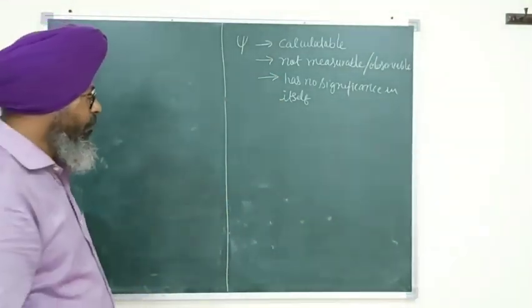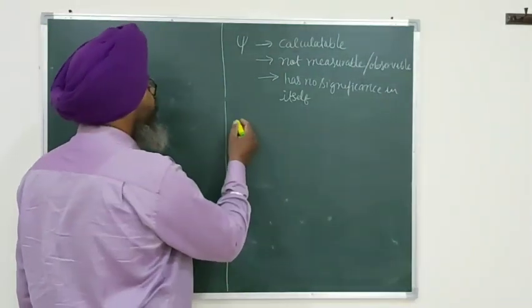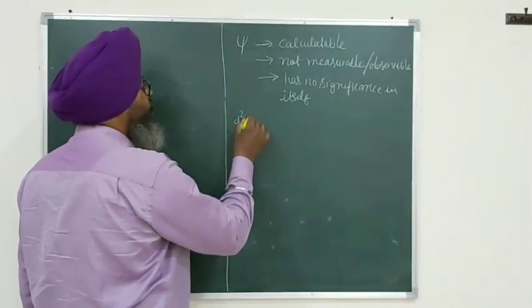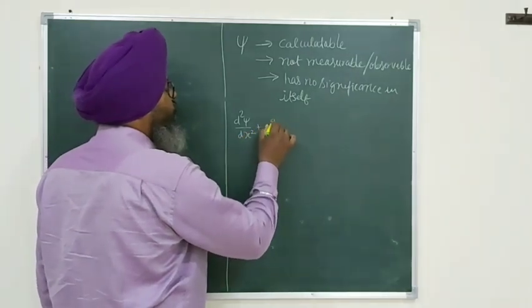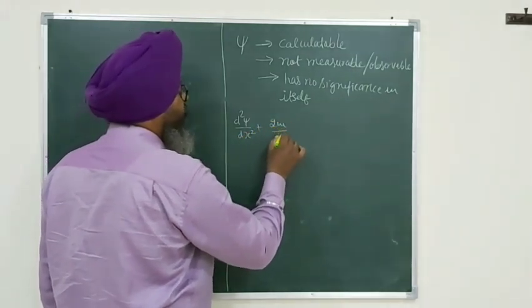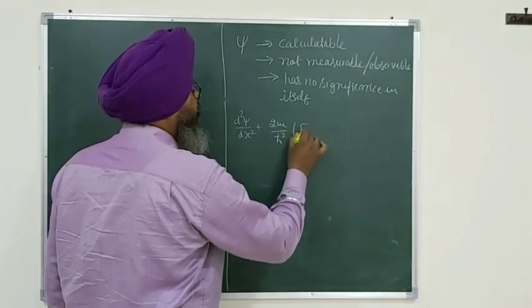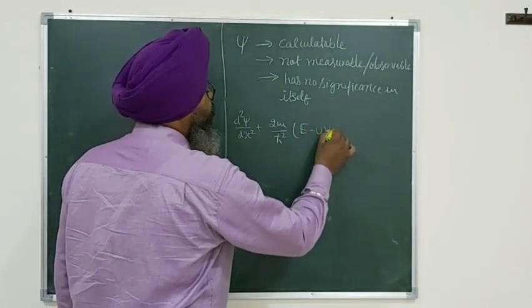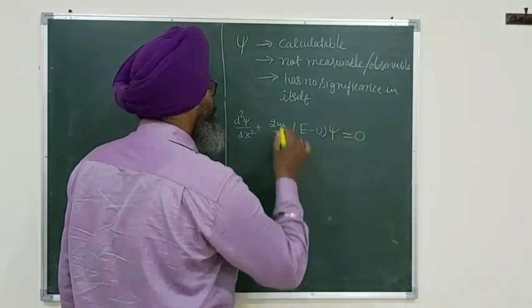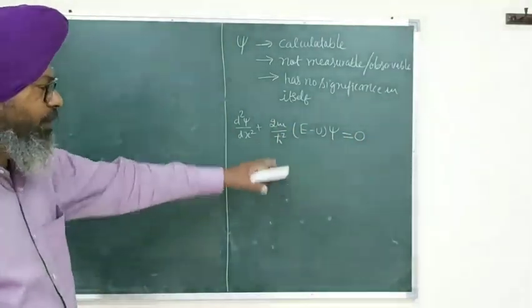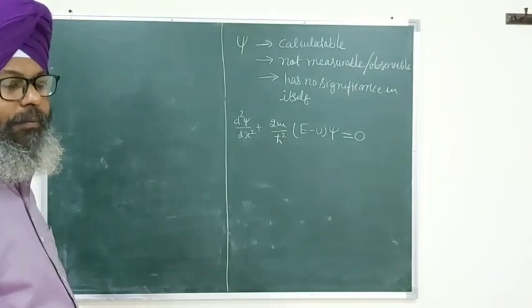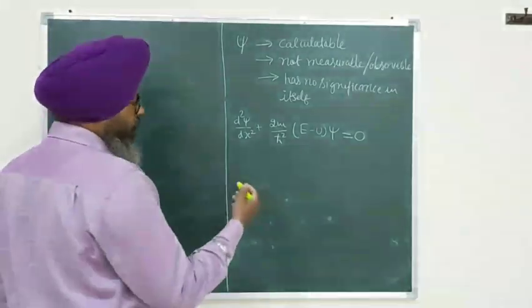I would just mention the one-dimensional Schrödinger equation with you. It is d2 psi upon dx2 plus 2m upon h cross square (E minus U) psi is equal to 0. This is the one-dimensional Schrödinger equation where h bar or h cross is Planck's reduced constant.